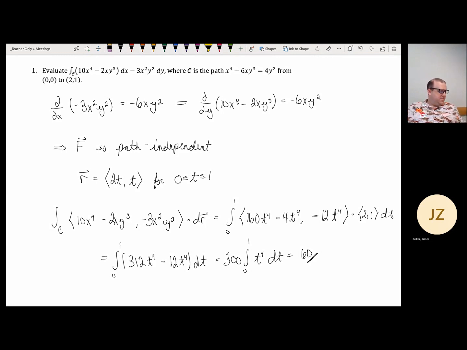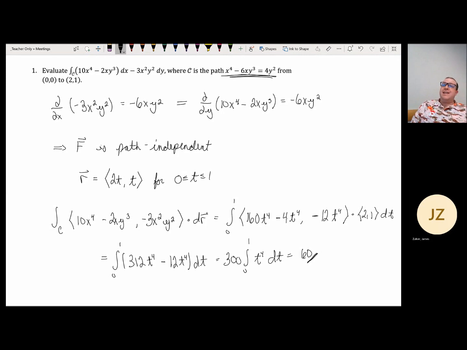So F is path independent because it's conservative. What does that necessarily mean, path independent? The path doesn't matter. Right, look at the curve that I used. That is definitely not that curve. This is the actual curve.